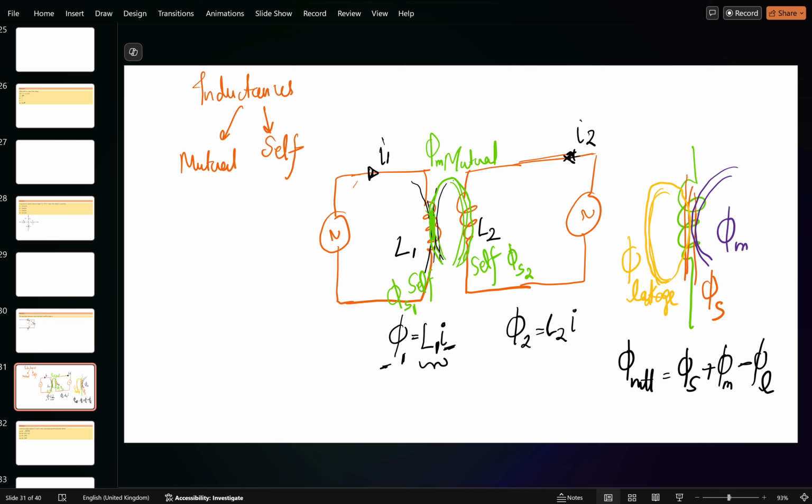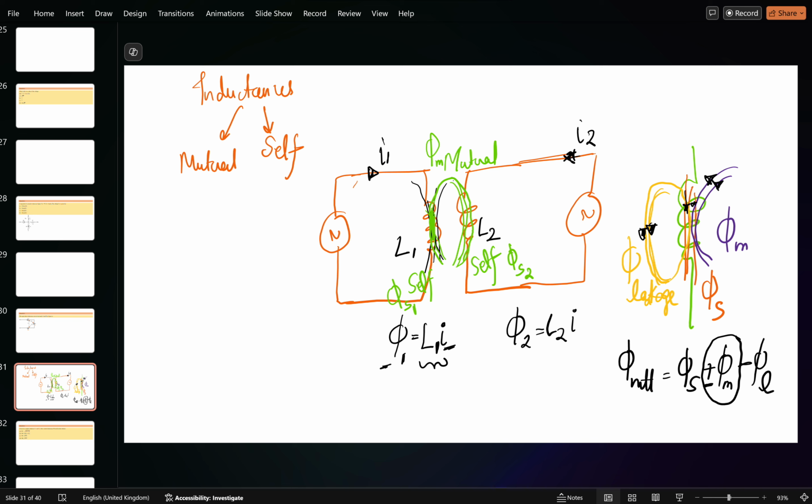Okay. But with this polarity, this phi m, there is one direction. Suppose the flux is moving in this direction, and mutual flux is coming in from the opposite direction. Then it will try to reduce the self flux of that circuit. So here the negative term will come.